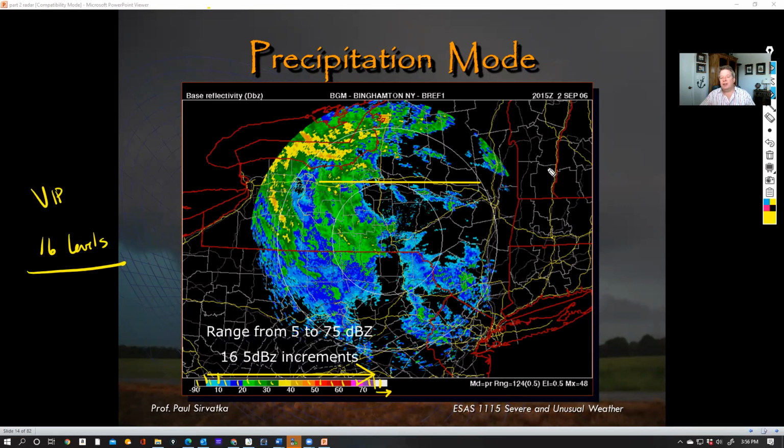So could there be something light over here at 2 dBZ or negative 5 dBZ? Yes. But a NIDS product, level 3 data, won't see it, because it's operating in precip mode.